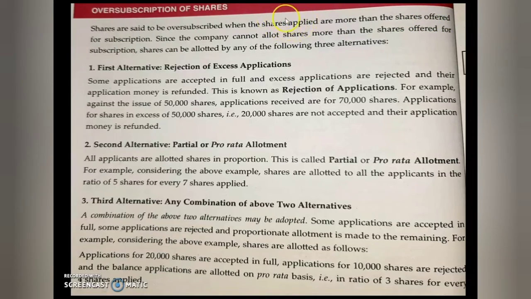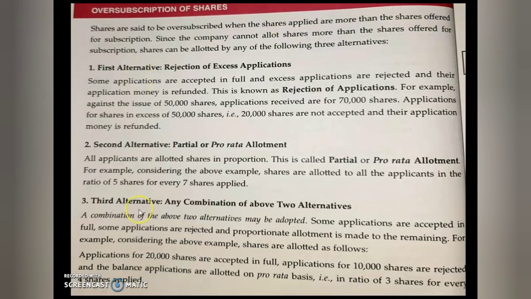The shares are applied for by the shareholders. When shares applied are more than shares offered, it is a case of oversubscription of shares. It is a rule that the company cannot allot more shares than what is offered to the public.